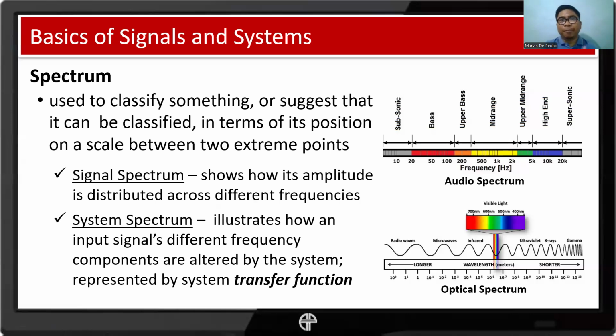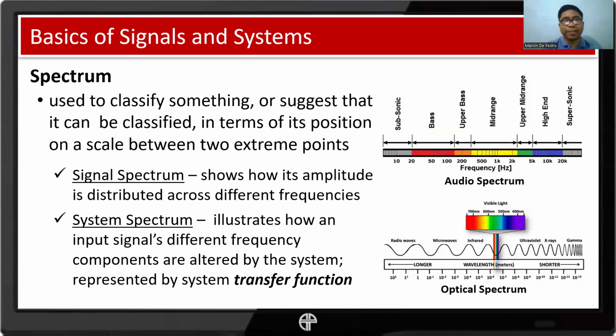What we are normally designing is the system spectrum, because this is what shapes the signal that goes through it. It's like the mold. If you want a signal to be shaped in a certain way, then your mold must be shaped into that kind of shape. The signal spectrum shows how its amplitude is distributed across different frequencies.